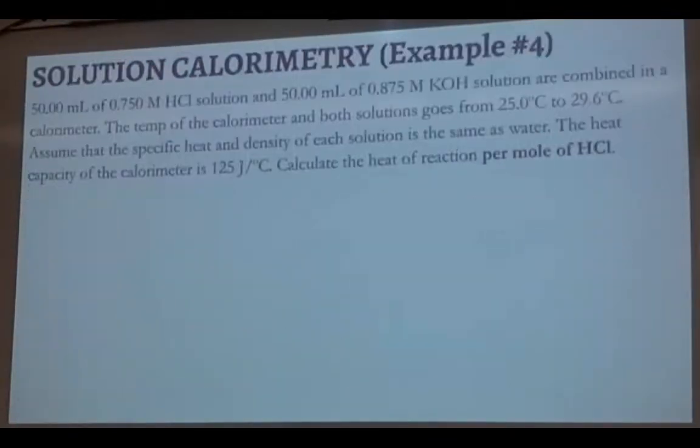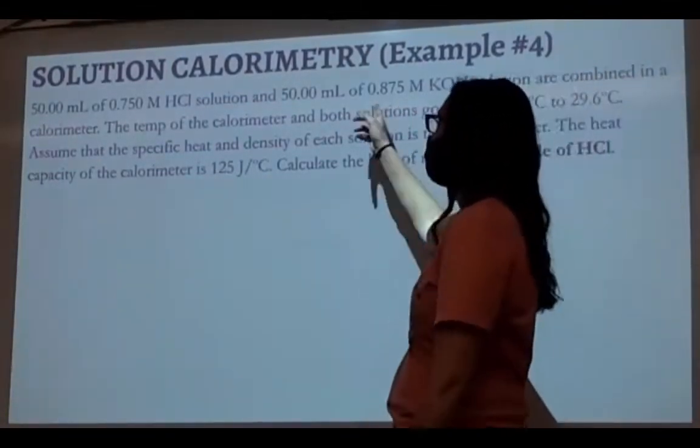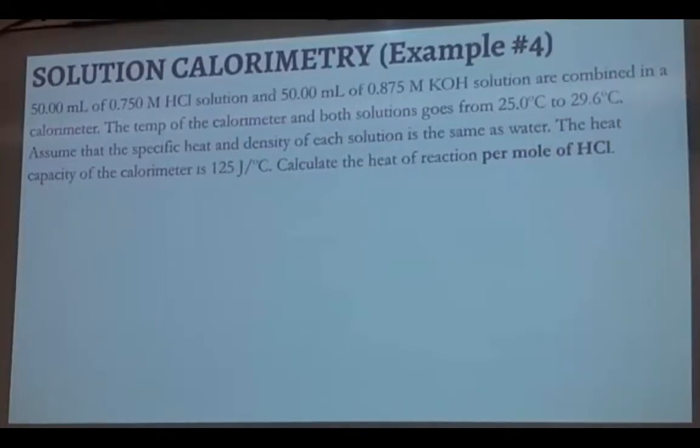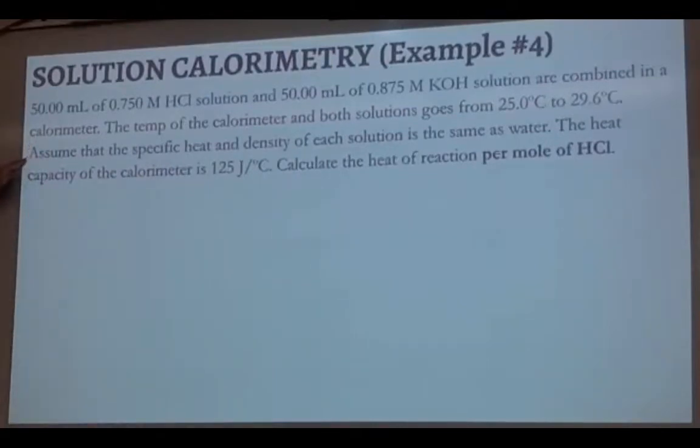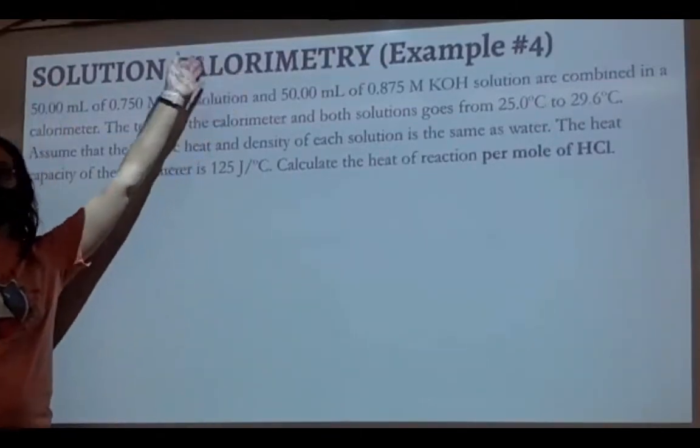So if we take a look at example number 4. It tells us that we have HCl and KOH, and they give us the amounts of each, combined in a calorimeter. So right there, that tells us we have a calorimetry problem. It also says calorimetry in big letters at the top.